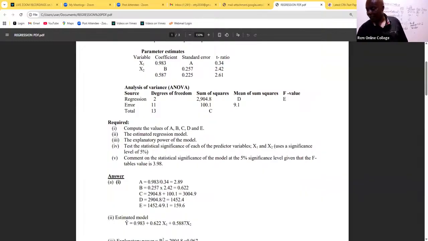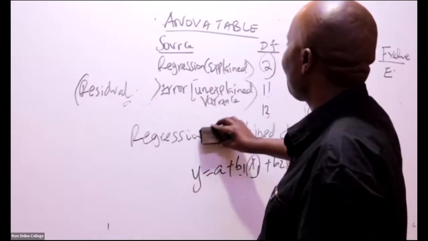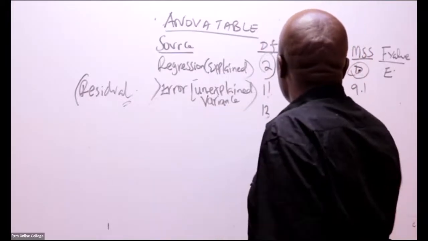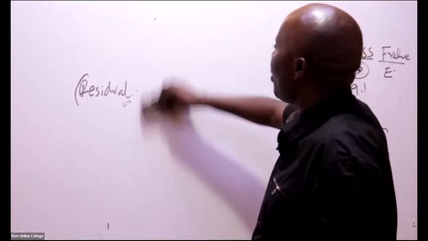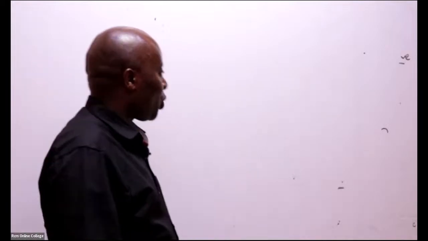In regression analysis, there are 2 types of hypothesis tests. There are how many types? 2 of them. There are 2 types of hypothesis or significance tests in regression analysis.